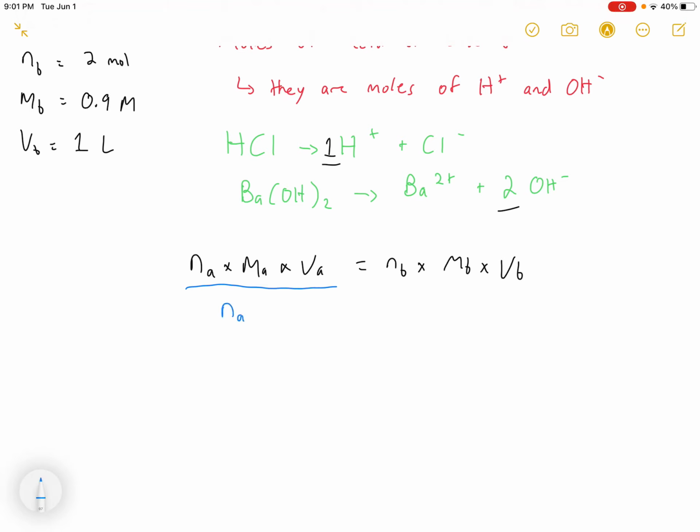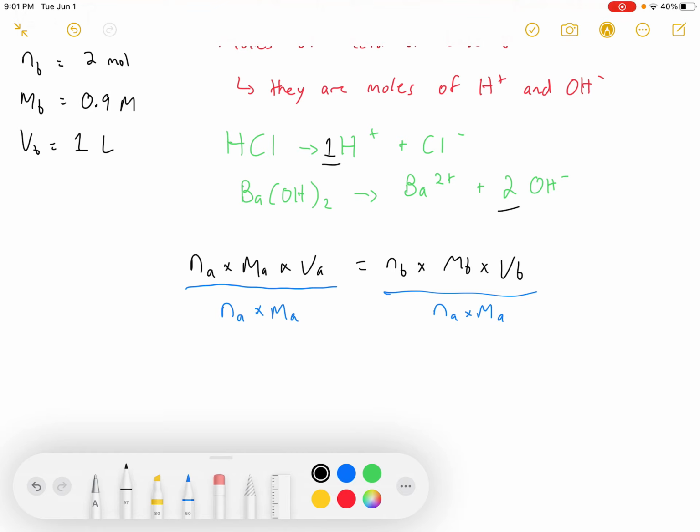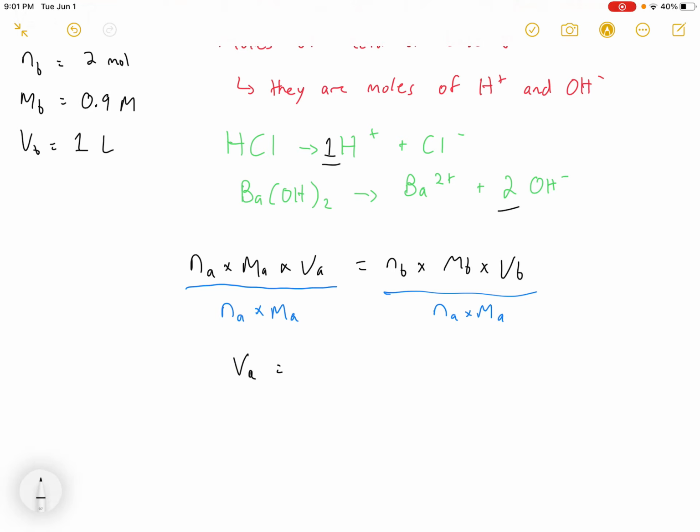We can divide both sides of the equation by Na times Ma, and we'll get the volume of the acid on its own. That gives us Va equals Nb times Mb times Vb divided by Na times Ma. Then it's just a matter of subbing in all of our variables.